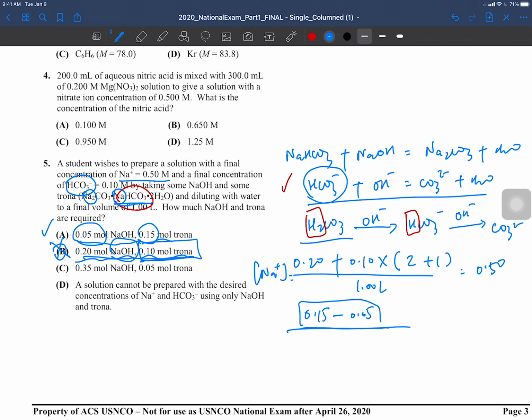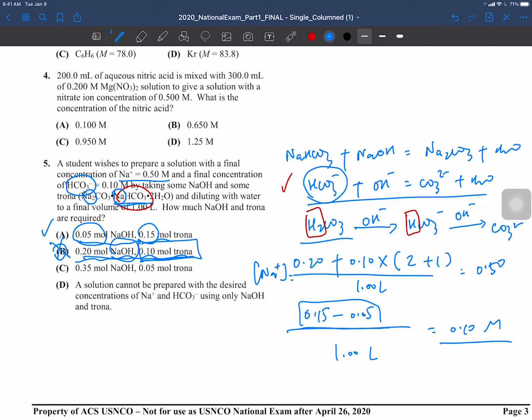And then divided by 1.0 liter. I think we should get 0.10, right? Did I solve your question? Okay, good. You guys can check the other options, but I think A should be the correct answer.